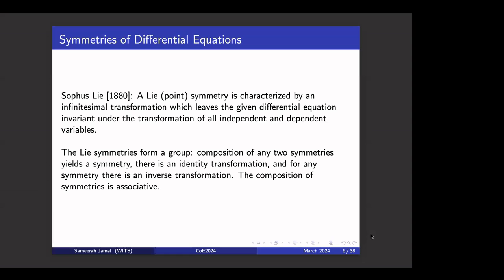So a Lie point symmetry is characterized by an infinitesimal transformation, which leaves your given differential equation invariant under some transformation of all of your independent and dependent variables. Your Lie symmetries form a group. The four properties of a group hold. The composition of any two symmetries will produce a symmetry. There is an identity transformation, as well as an inverse, and the composition is also associative.